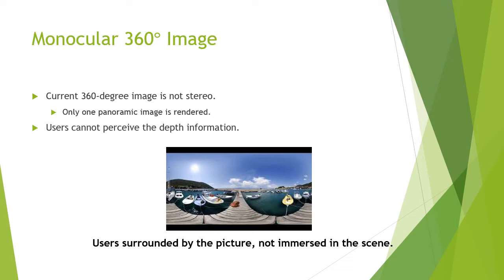Therefore, it is not a stereo image, and as a result, the users cannot perceive any depth information from the image. In other words, the users will feel like they are surrounded by a 2D panoramic picture, but they will not feel they are immersed in the 3D virtual scene.